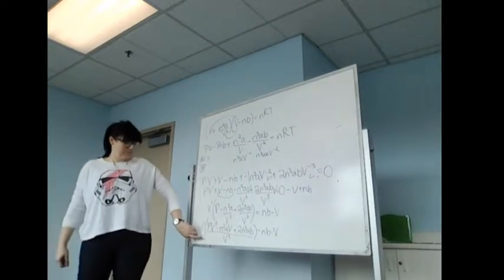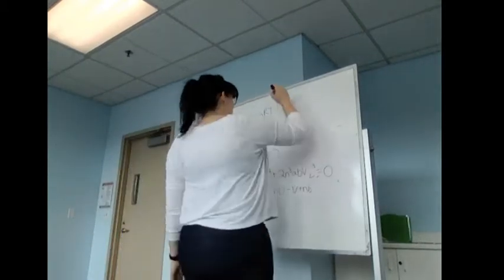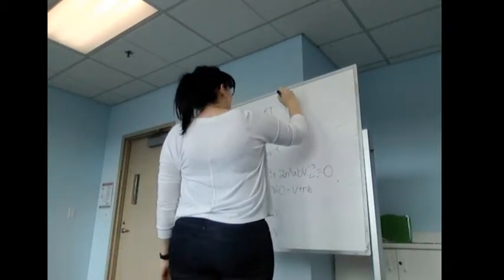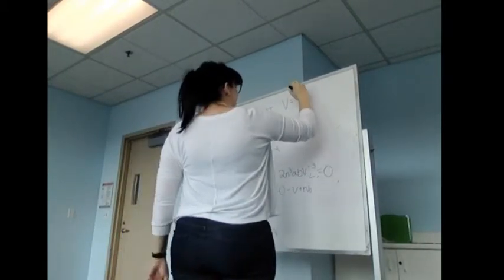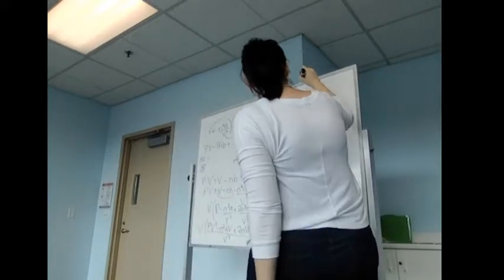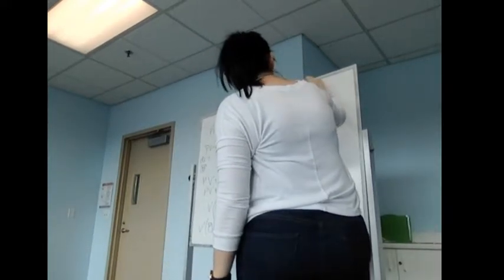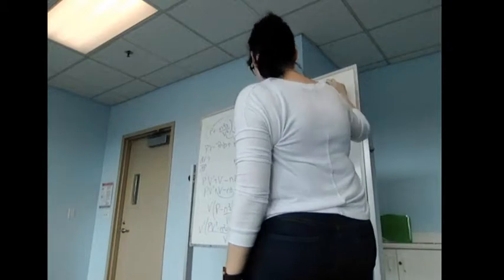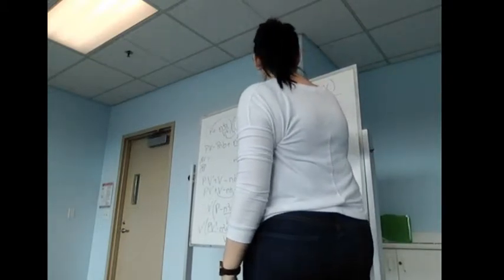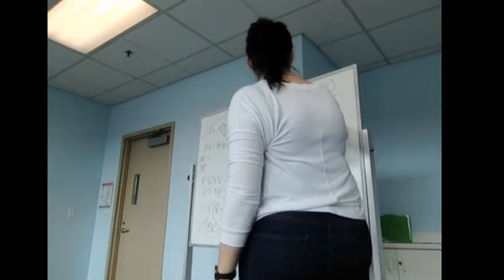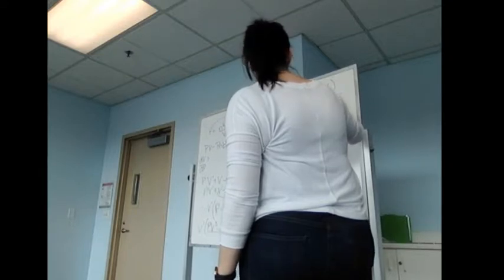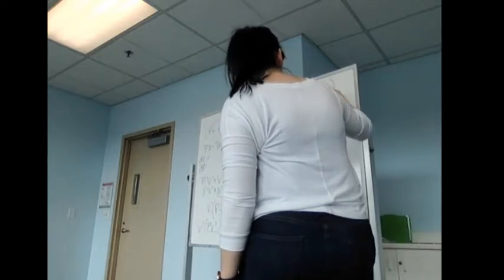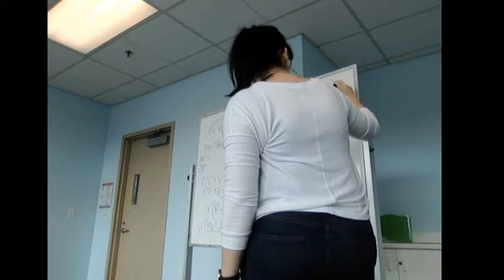So multiplying both sides by the reciprocal of this, we get that the derivative is V cubed times (nb minus V) over (PV cubed minus n squared aV plus 2n cubed ab).